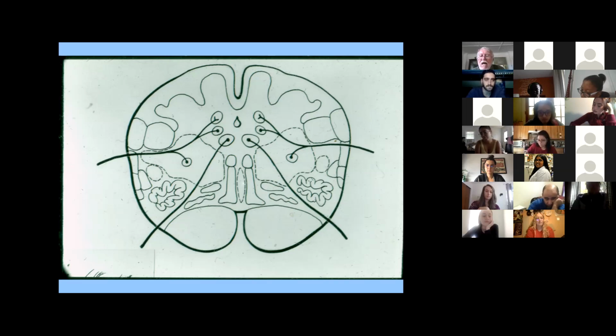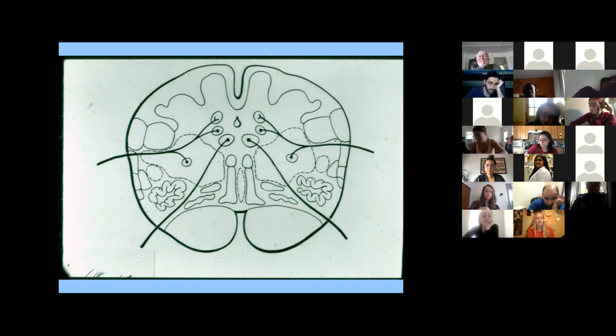The area inside the horseshoe, which is just reticular formation, is given a name because it has an interesting look. It's called the hilus, H-I-L-U-S.